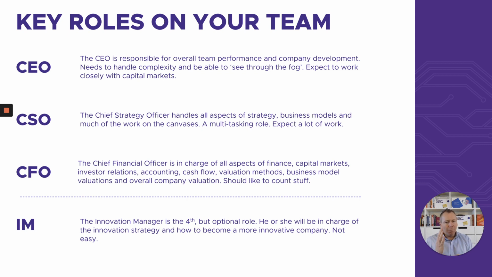There are typically 4, in our case, 5 roles. CEO. The CEO is the team leader. He or she, hopefully she, has to make the team work. There's a lot of fog, a lot of difficult, incomplete information.